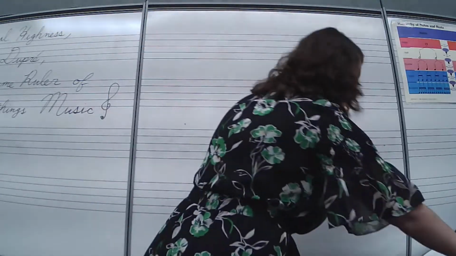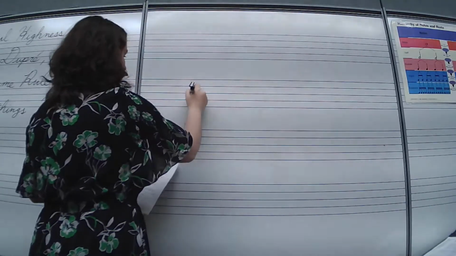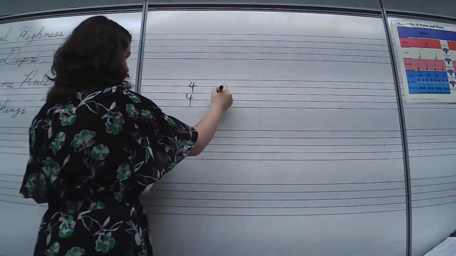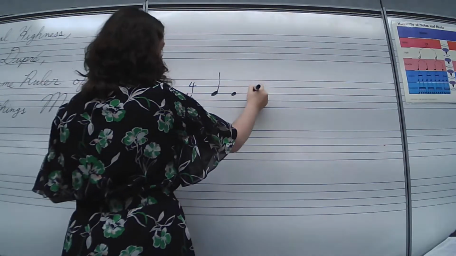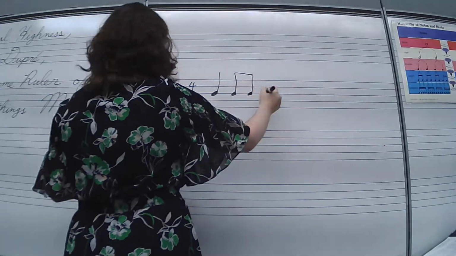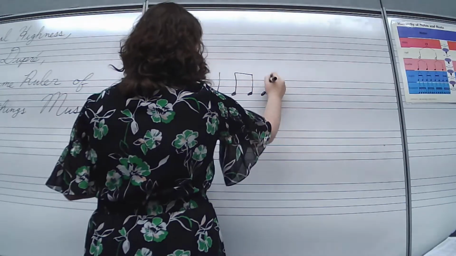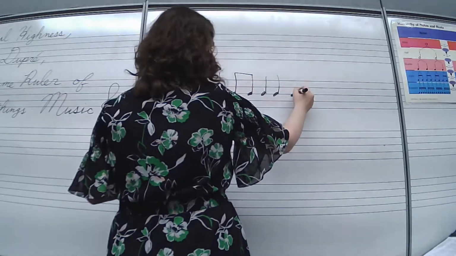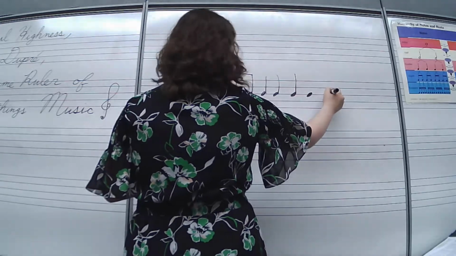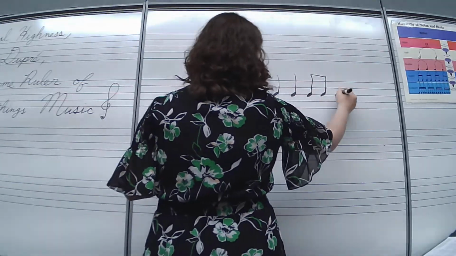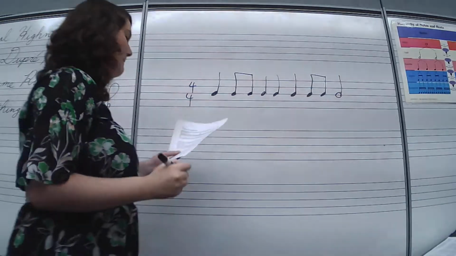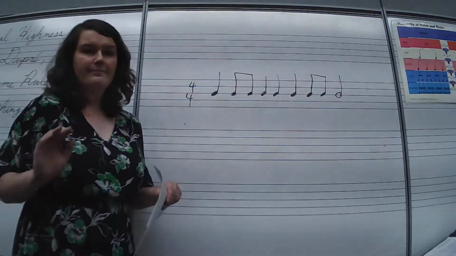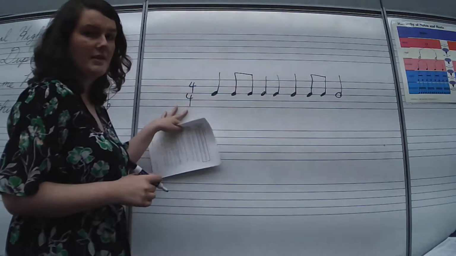We have a time signature already in our example, 4/4. And then we just have the notes. We don't have the bar lines. So we need to draw the bar lines to get 4 beats in each measure.